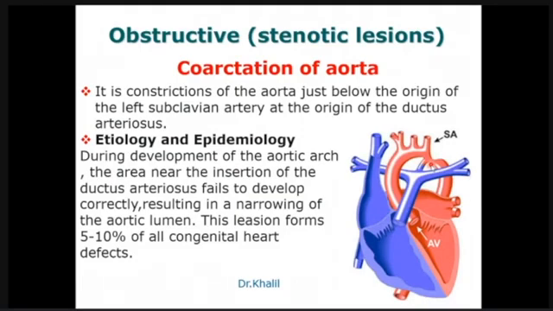And it is said that during embryonic life and the development of the aortic arch, the area which is near the insertion of the ductus arteriosus fails to develop normally, making it narrower than normal. And this lesion, coarctation of the aorta, makes 5 to 10% of all congenital heart defects.